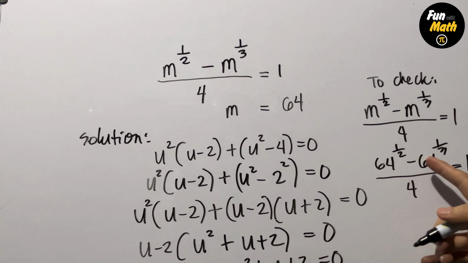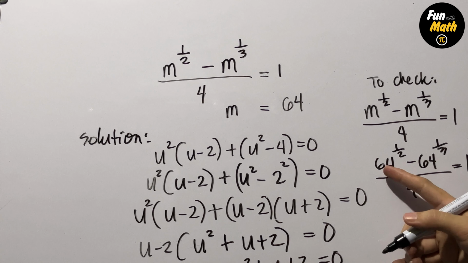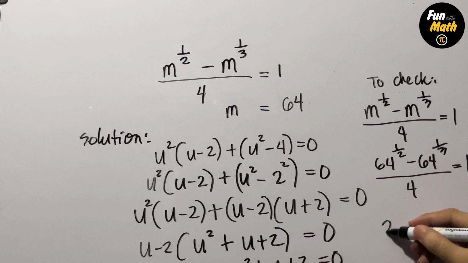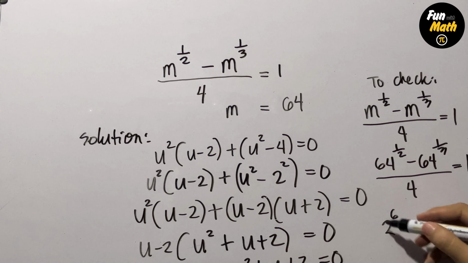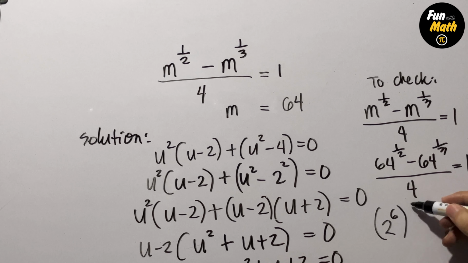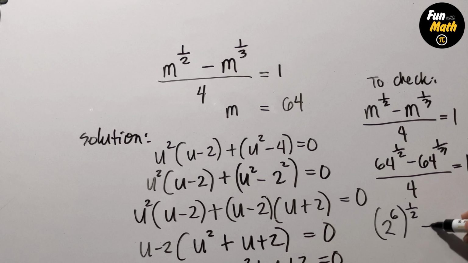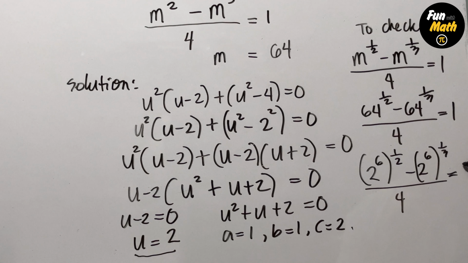Now for 64, we can write it in power form, and that is 2 to the power of 6. So 2 to the power of 6 whole to the power of 1 over 2 minus 2 to the power of 6 whole to the power of 1 over 3, all over 4 is equal to 1.